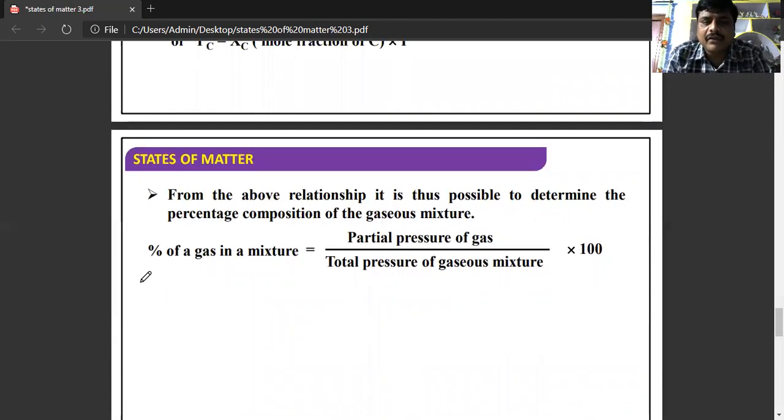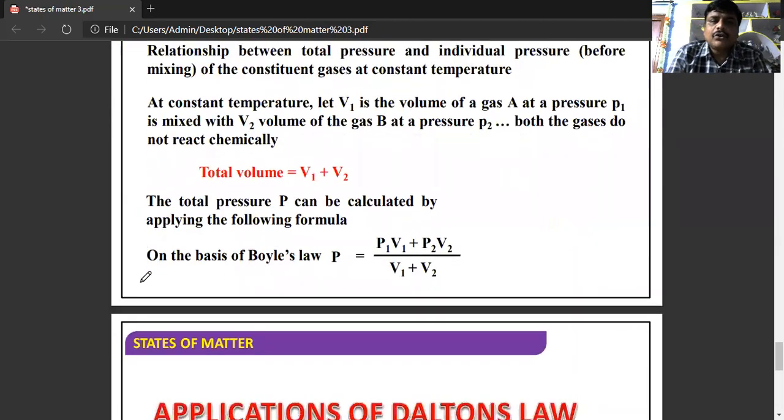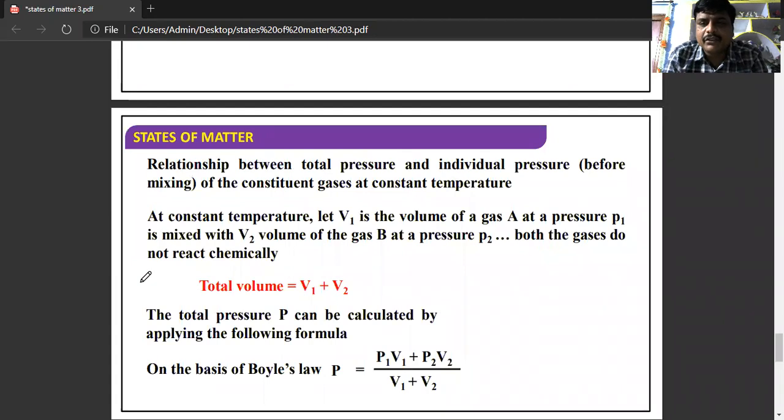Now, how to calculate the percentage of a gas in the mixture. The percentage of gas in the mixture is equal to the partial pressure of the gas divided by the total pressure of the gas mixture, into 100. How do we relate the total pressure and the individual pressures? The condition is constant temperature.